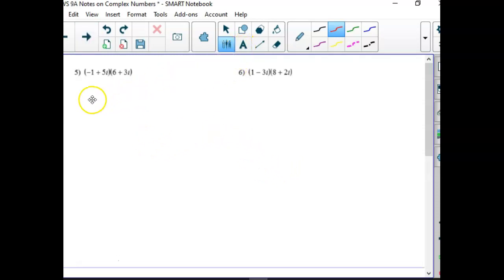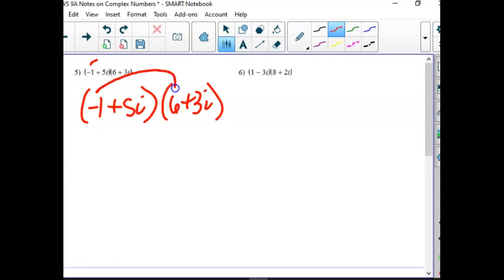All right. Number 5 is not adding or subtracting. It is a multiplication. Okay? So we need to do double distributing or FOIL. We're going to multiply; let me write it out bigger so I can see it at least. Negative 1 times 6 is a negative 6.